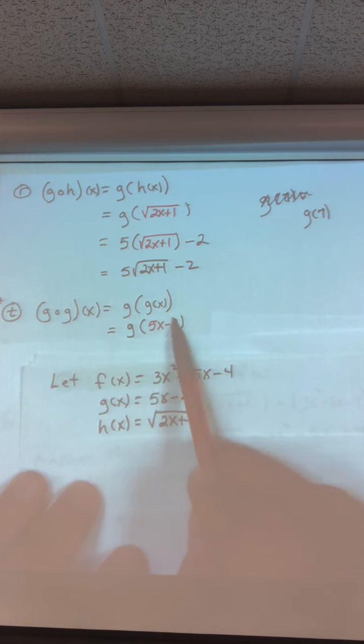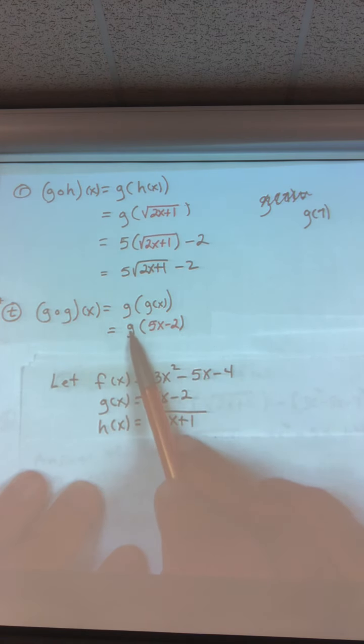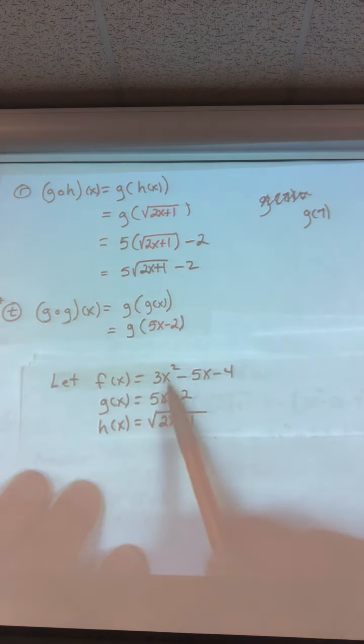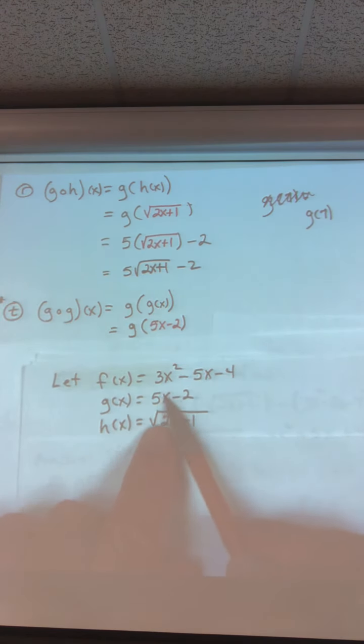Take what's in red, in this parentheses, go to the G function, which is right here, and in x's place, you're going to put 5x minus 2 right there. So it's going to be 5 times what's in red minus 2. And then distribute and combine your like terms.